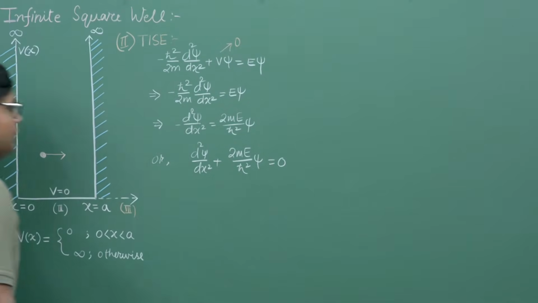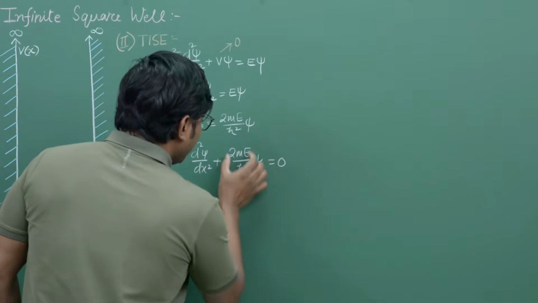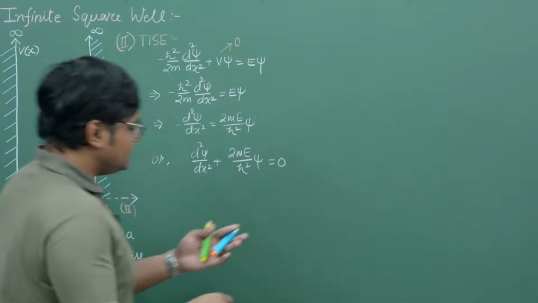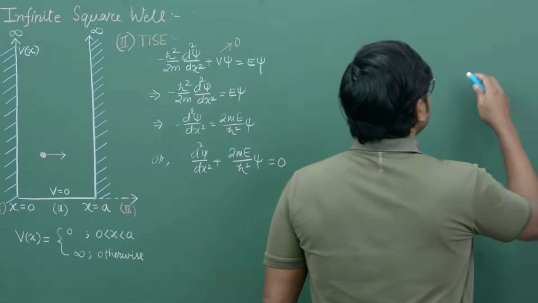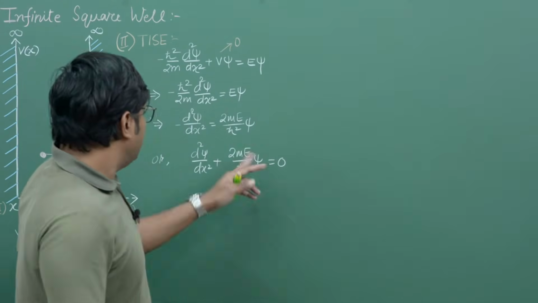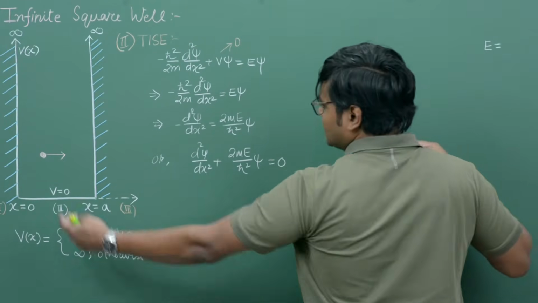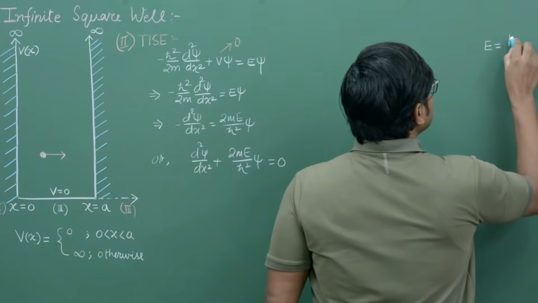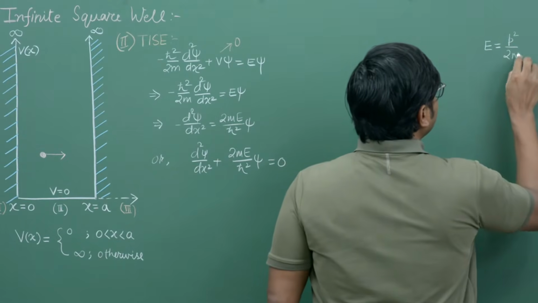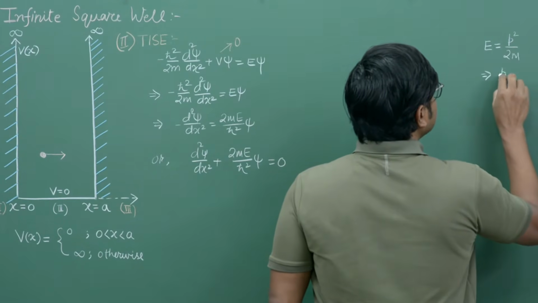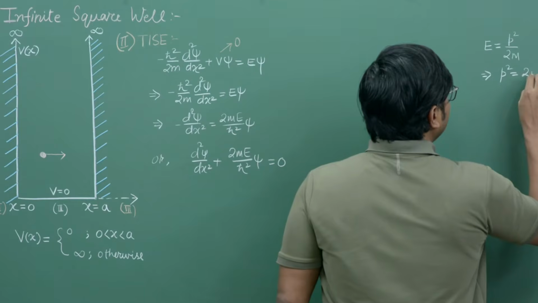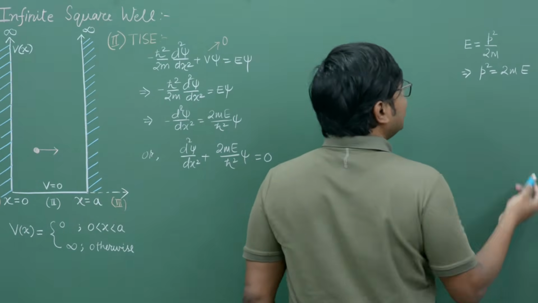This is a second order ordinary differential equation. However, this particular term here, 2mE/ħ², what does it actually mean? If you look at the energy of the particle, then inside, because the potential is 0 here, it is nothing but p²/2m. So that means p² is equal to 2mE, E being the kinetic energy here.